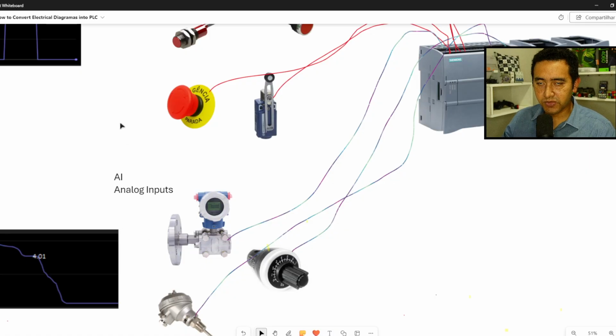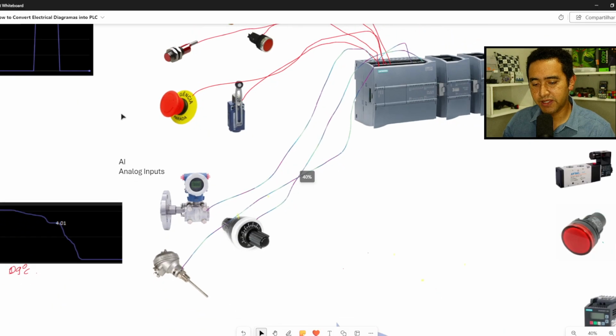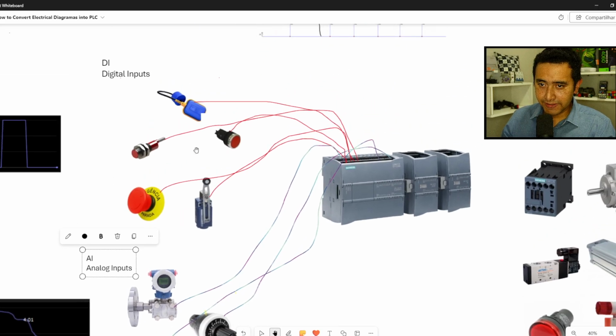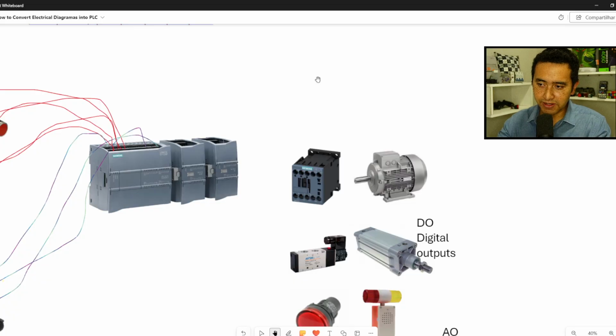Then we have only these two types of signals: AI analog inputs and DI digital inputs. But these input signals, the digital signals or analog signals, it's possible to see them in the outputs of the PLC.